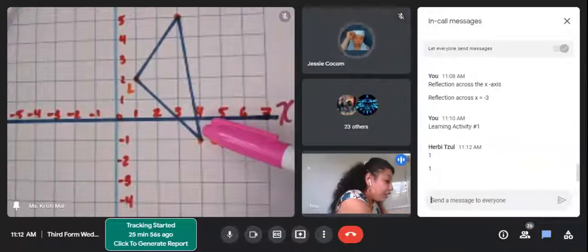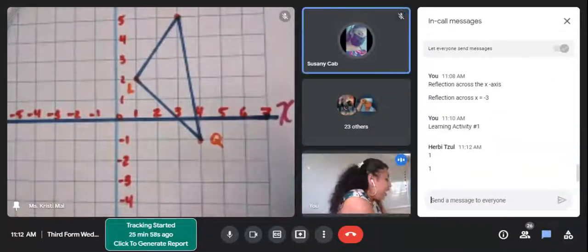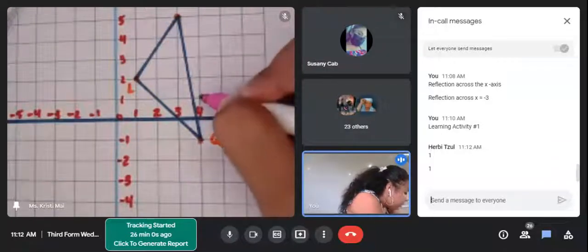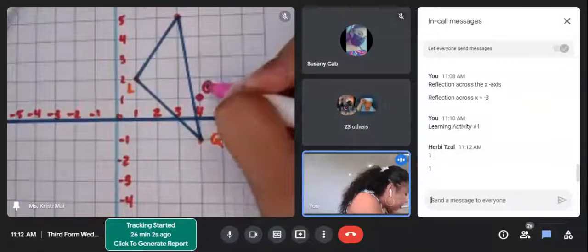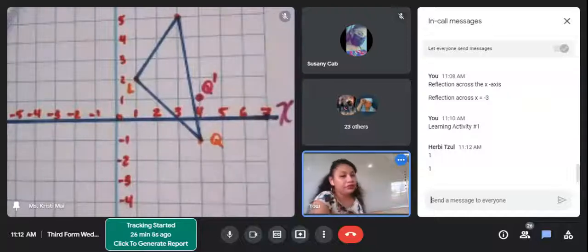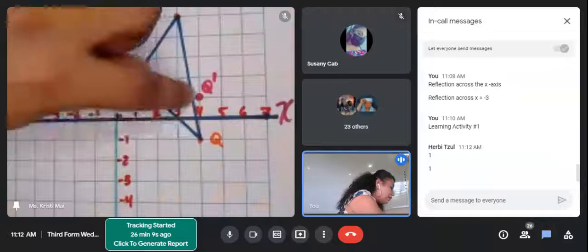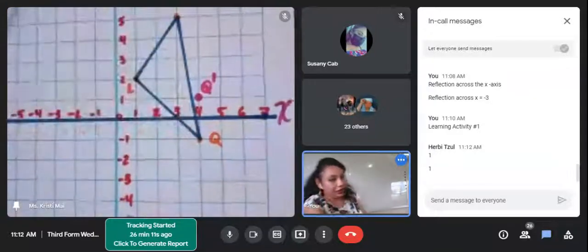One, miss. It's one space. So I am gonna count one space on the other side, and this is gonna be Q1. Exactly on the same line.